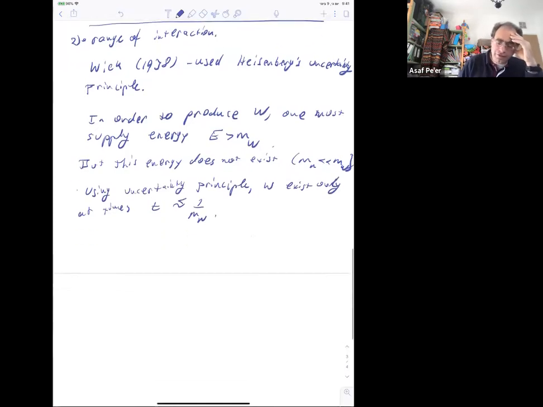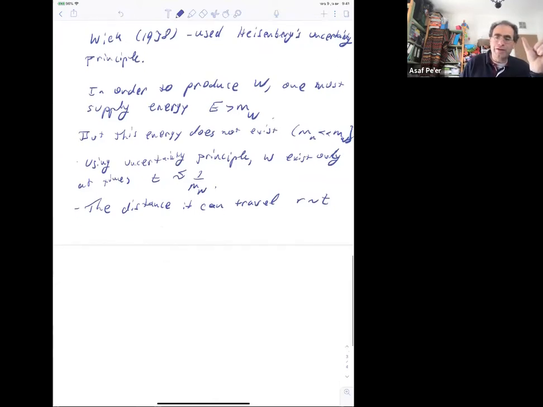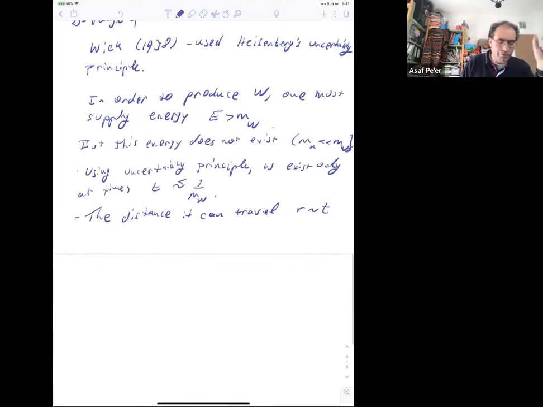So the distance it can travel is also, with c equal to 1, given by that time. So the maximal range of interaction that we can have for the weak interaction is of the order of 1 over m_W.